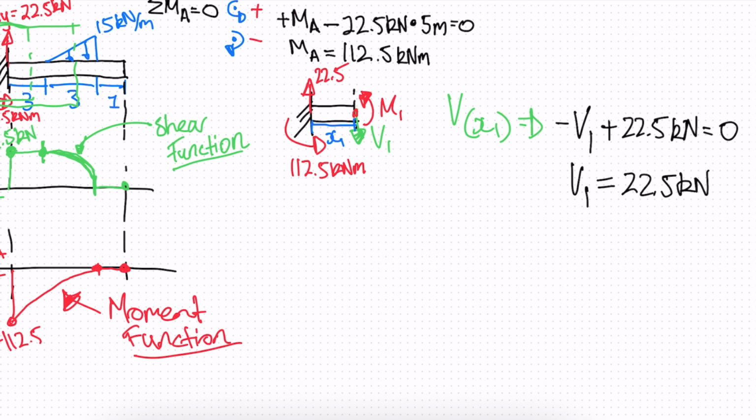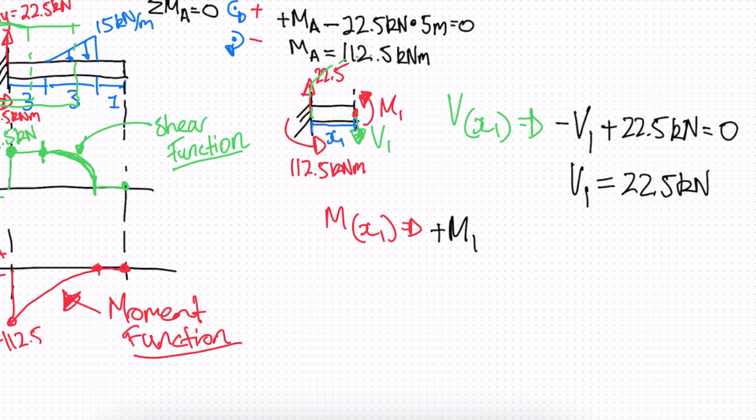And then we can write our moment function, moment as a function of x1. We have a positive moment going in that anti-clockwise direction, so we can write positive M1. We have a negative moment going in this direction, which is the 22.5, so we can write negative 22.5 kilonewtons times the distance of x1 meters.